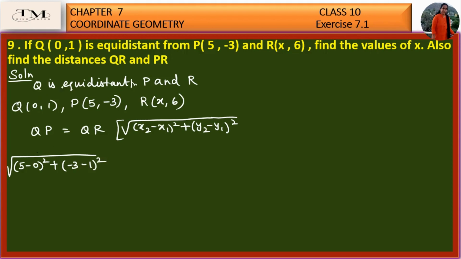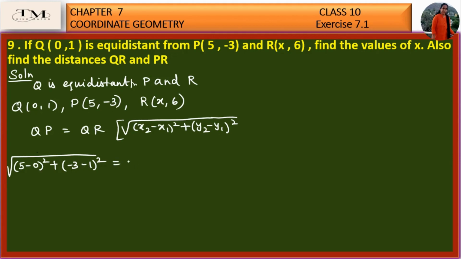Even if you do (0 minus 5) whole square and (1 minus -3) whole square, it will be the same, because as we are squaring, the negative signs will become positive. So it's nothing but the difference between the x coordinates whole square plus the difference between the y coordinates whole square.